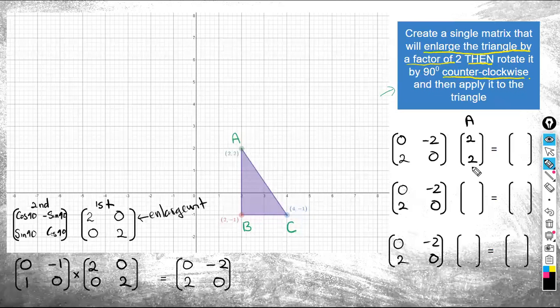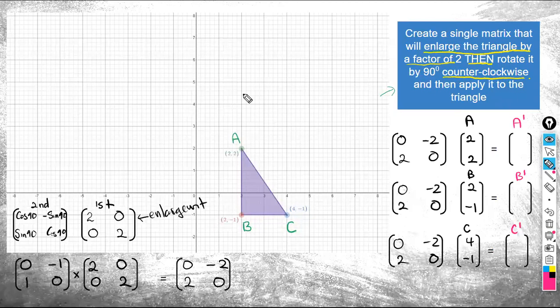Remember, you're writing it vertical. Then you take the same matrix and multiply by point B. Point B is how much? 2 minus 1. And then you have to do the same thing for point C. So you see how much work this is, right? So take your time, multiply by point A, you will get A prime. Then you'll get B prime, and you will get C prime. And then you plot the new points.